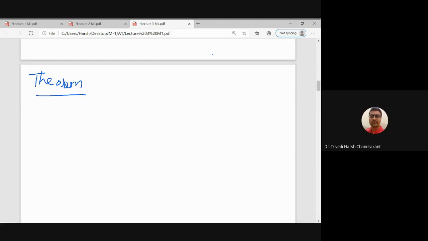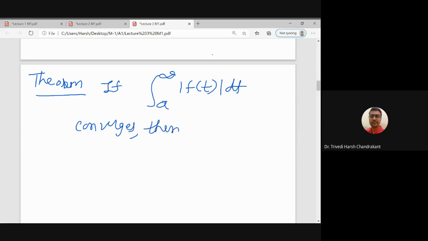I am stating that if our integral from a to infinity of modulus of f(t) dt converges, then the integral itself converges without modulus.